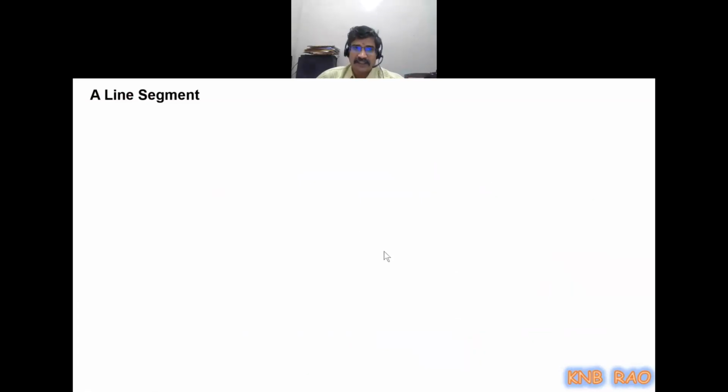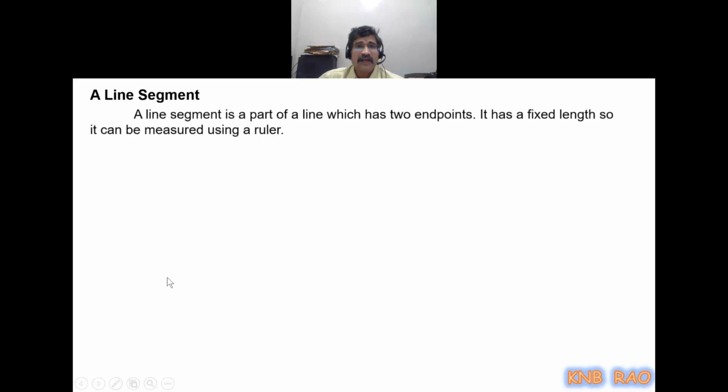Now we are going to learn how to construct a line segment. A line segment is part of a line which has 2 endpoints. It has a fixed length, so it can be measured using a scale or ruler.